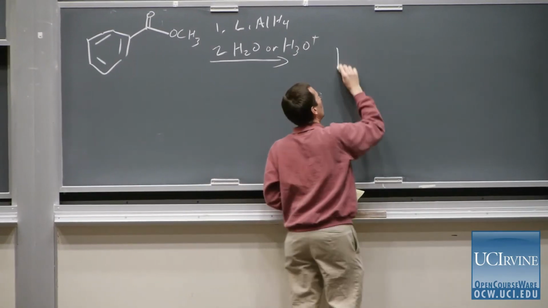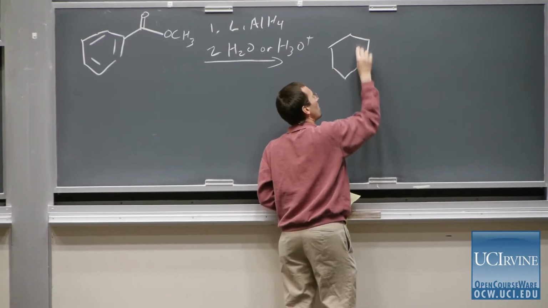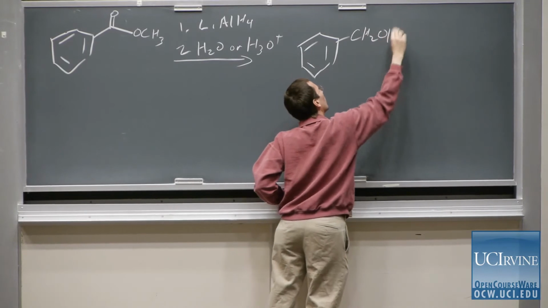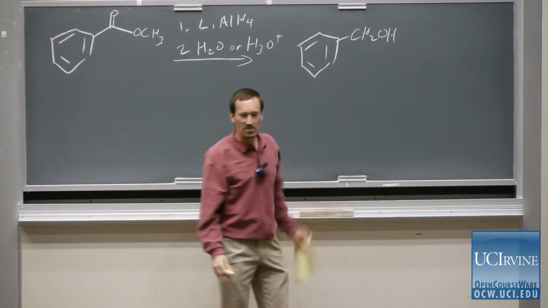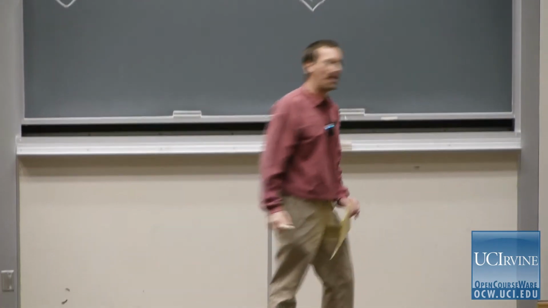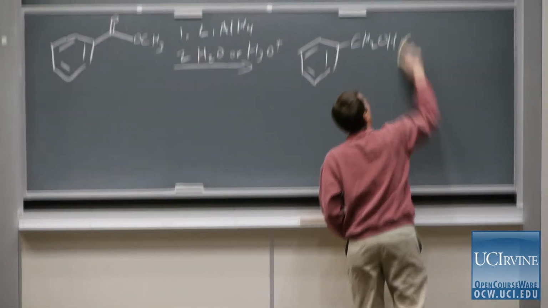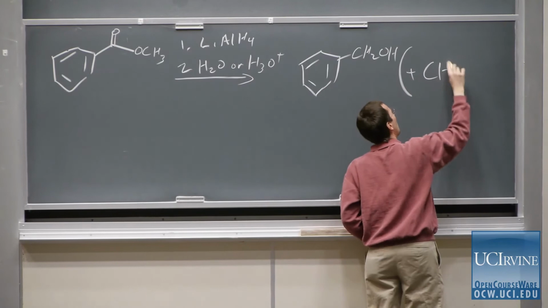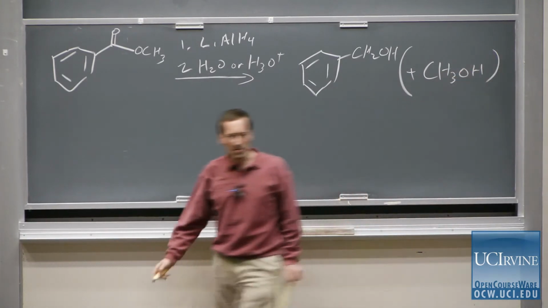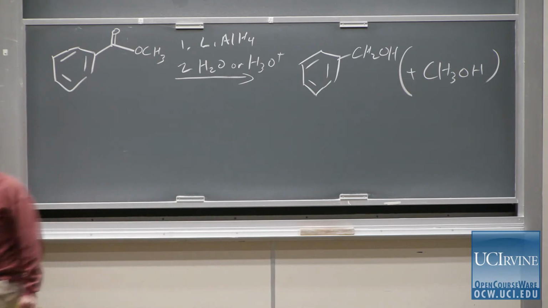The product of the reaction is benzyl alcohol. And organic chemists are often really bad about writing small molecules and byproducts of reactions. So I'll just remind us, of course, the other product of this reaction is methanol.